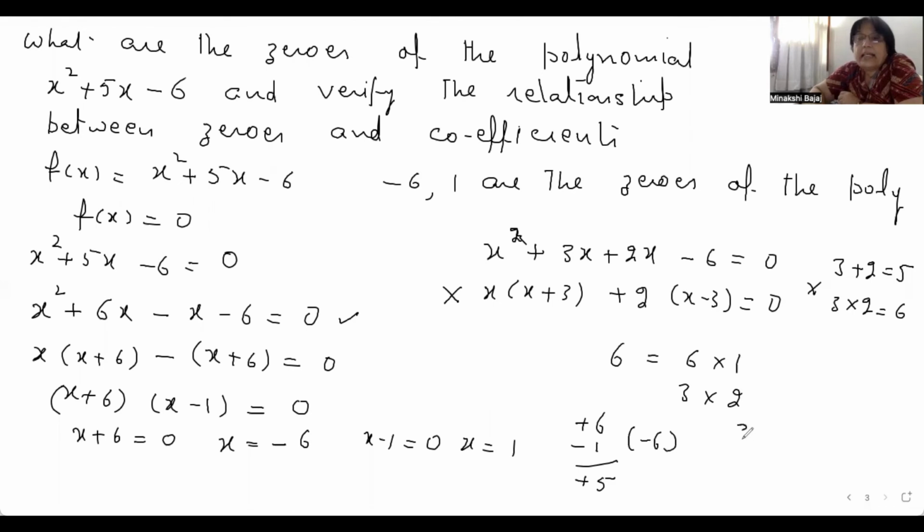But here 3 plus 2, no doubt it is 5, but if you multiply this, you will get plus 6. And this is wrong. So you should be very careful when you make the factors of this 5x. So here minus 6 and 1 are the zeros of the polynomial.